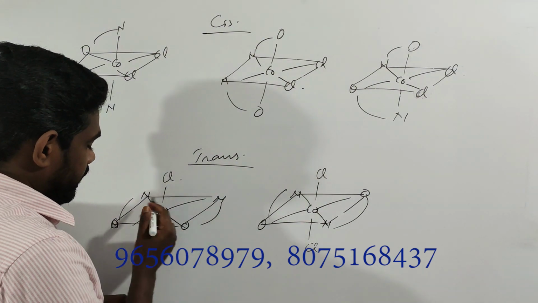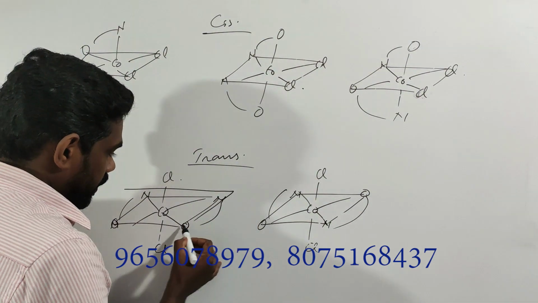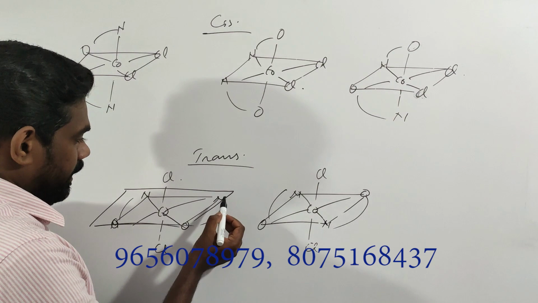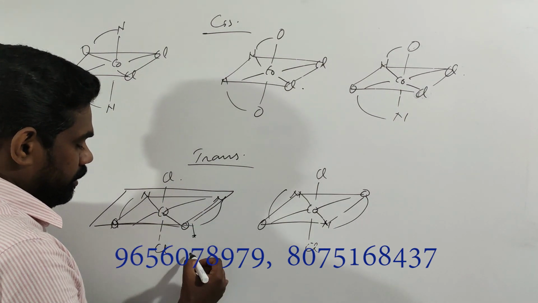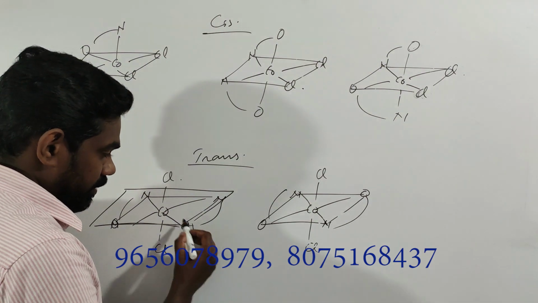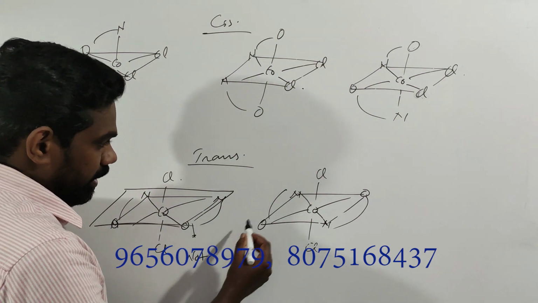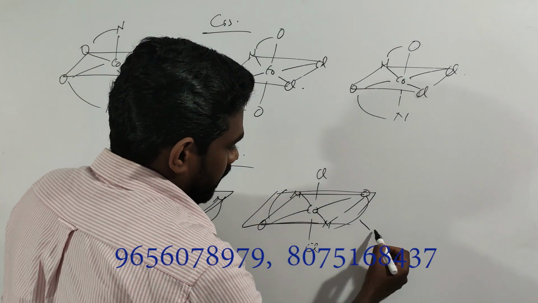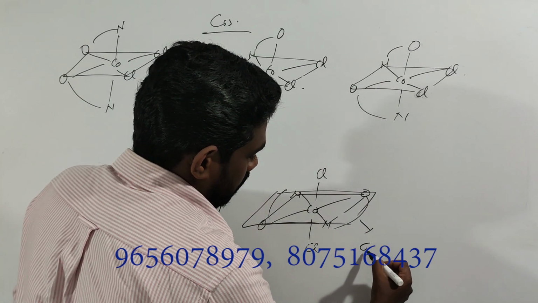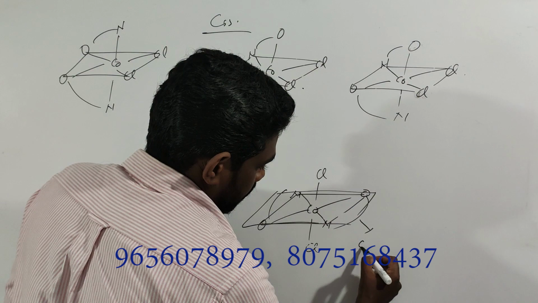So you can see this molecule. In this case, we can have this plane. This is a mirror plane, so this is not optically active. And this molecule also has the plane of symmetry here, this plane. So this is also optically inactive.